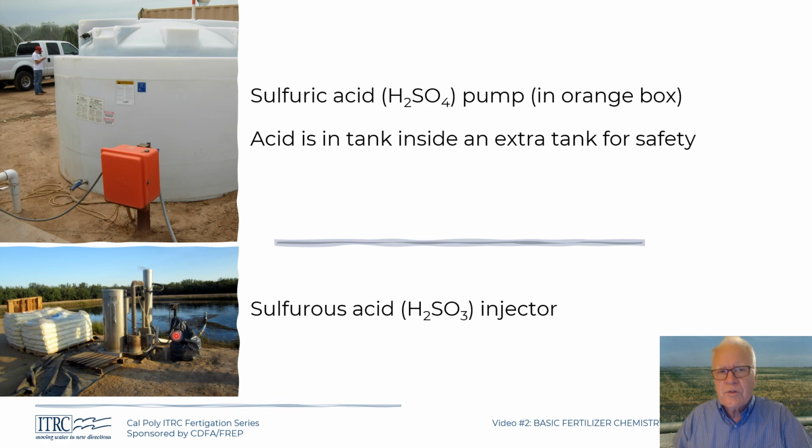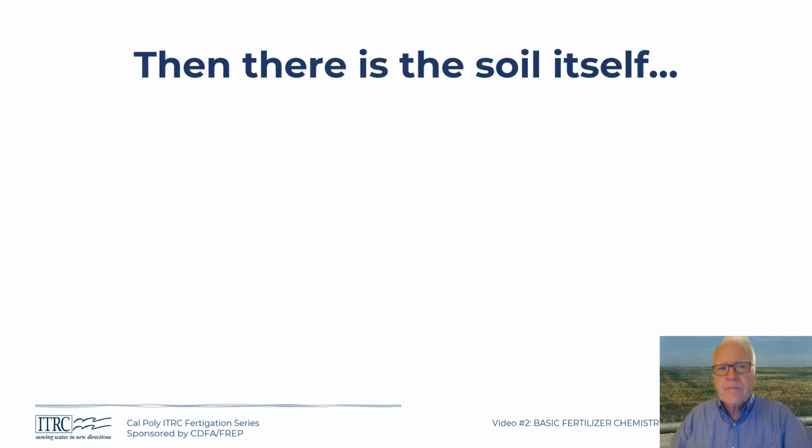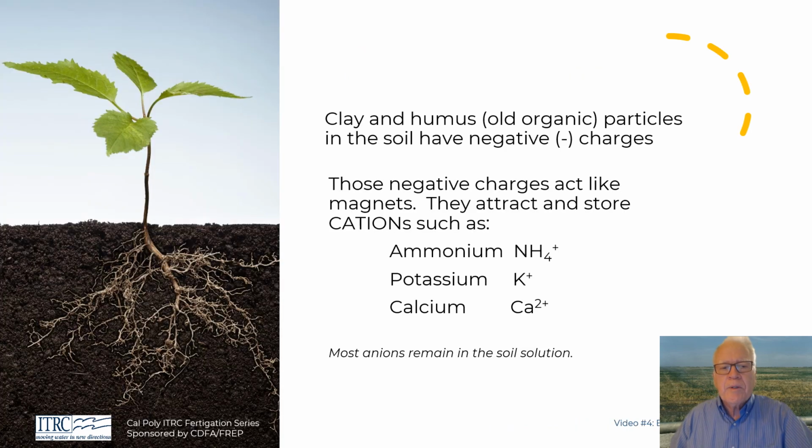So anyway, those are two common acids that are used in irrigation water. Then there's the soil itself, and we just have one slide left on this one. Remember the clay, not the sand particles, not the silt particles, but the clay and the humus, which means old organic particles in the soil, have negative charges.